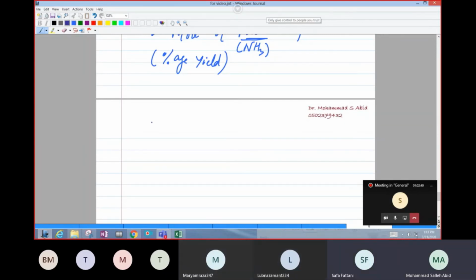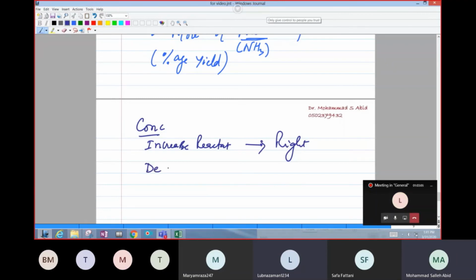Teacher? Yes. How do we know that it prefers to go forward or backward? For which thing? For concentration? Yes. Okay, that's the simple thing. That's what I was explaining. If you increase reactants, then it is always to the right.